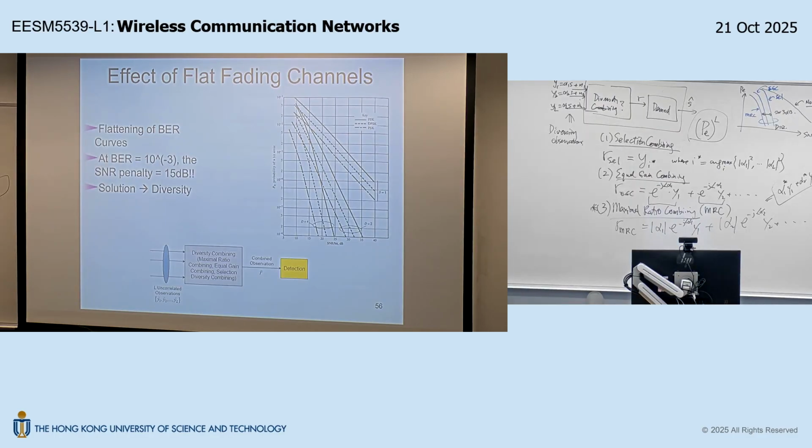You don't just process in the analog domain. For example, the minimum distance demodulation, all this receiver processing would be implemented more conveniently using digital processing, right? So therefore, you would need to go through this ADC conversion, analog to digital conversion. This becomes a baseband digital.